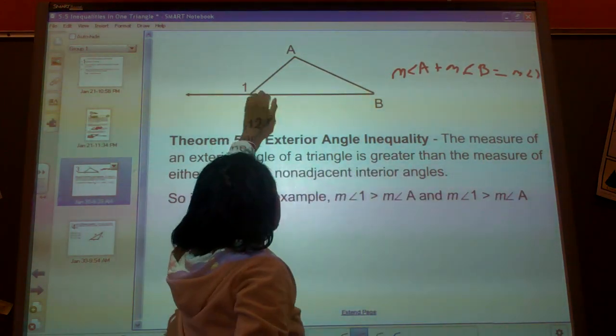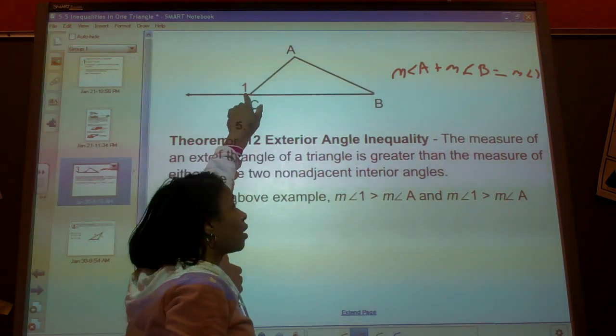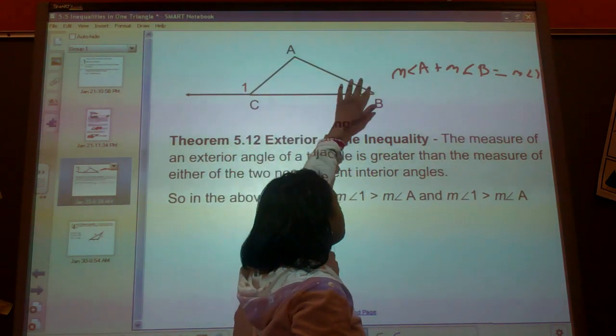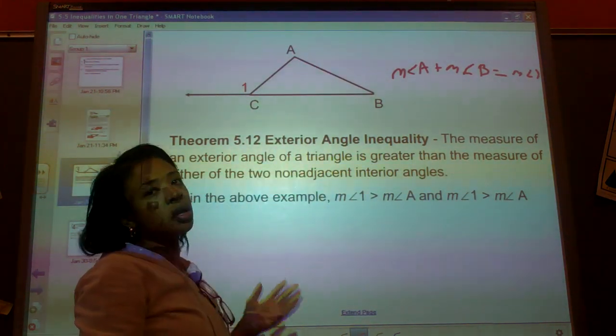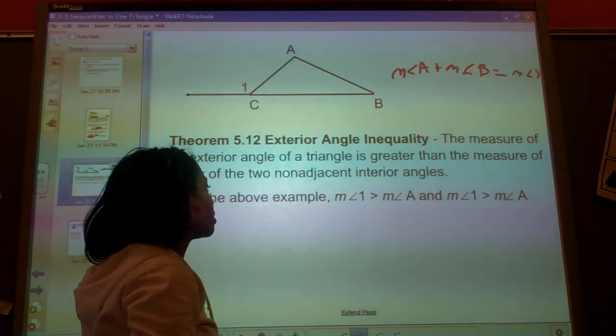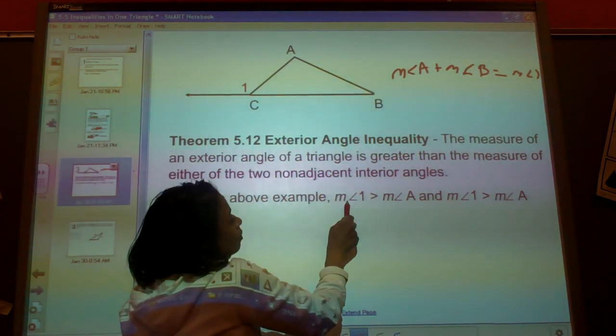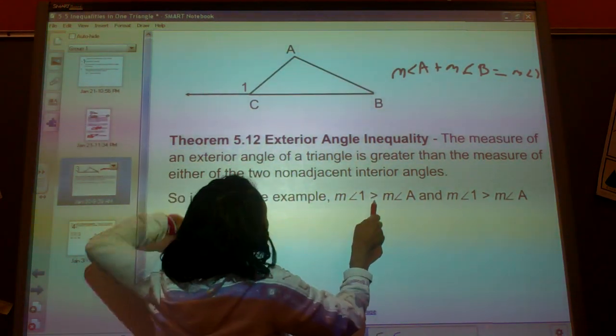So the measure of angle 1, which is your exterior angle, had to be equal to angle A plus angle B.